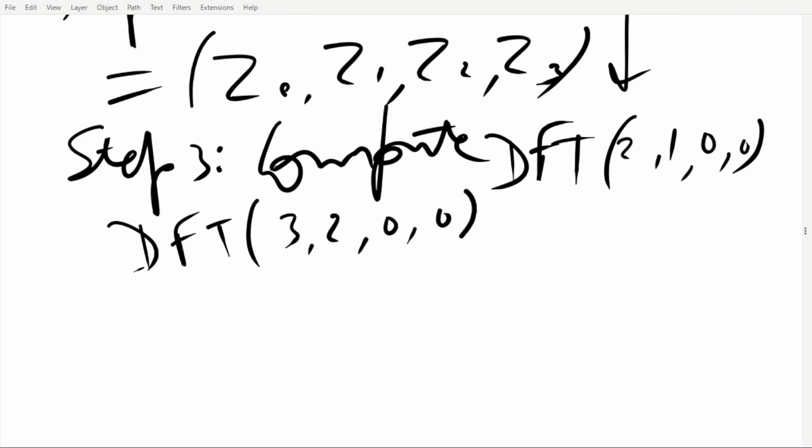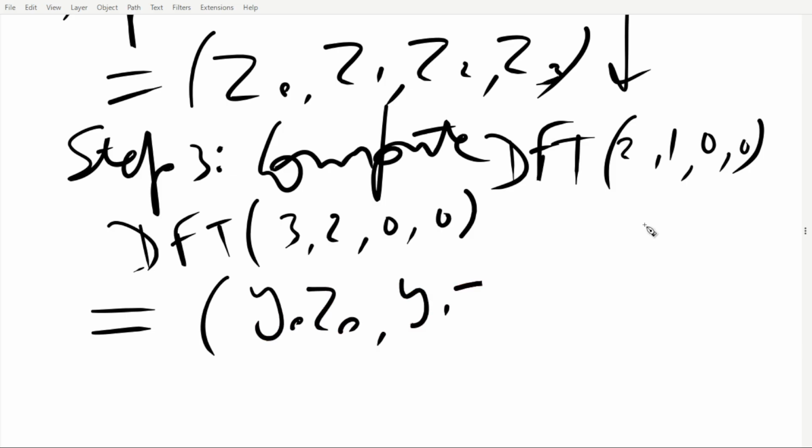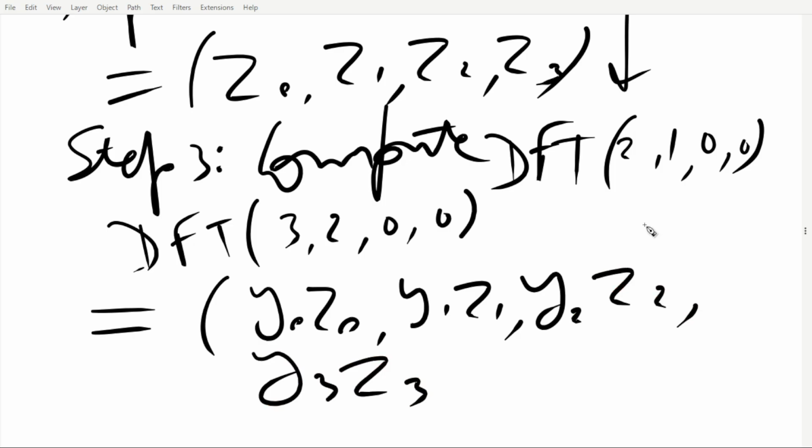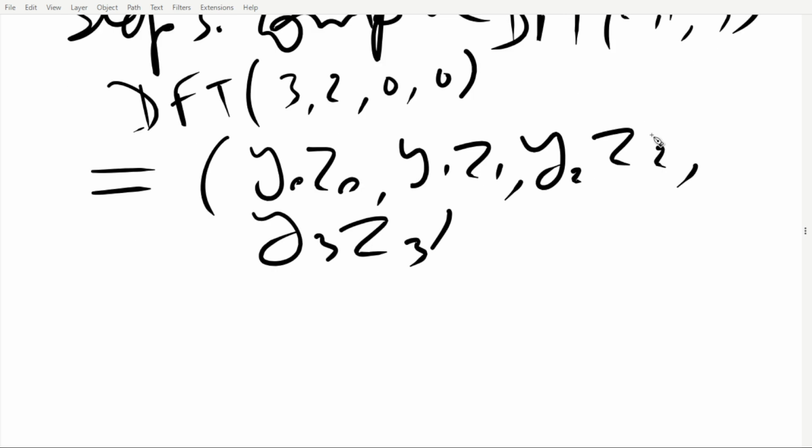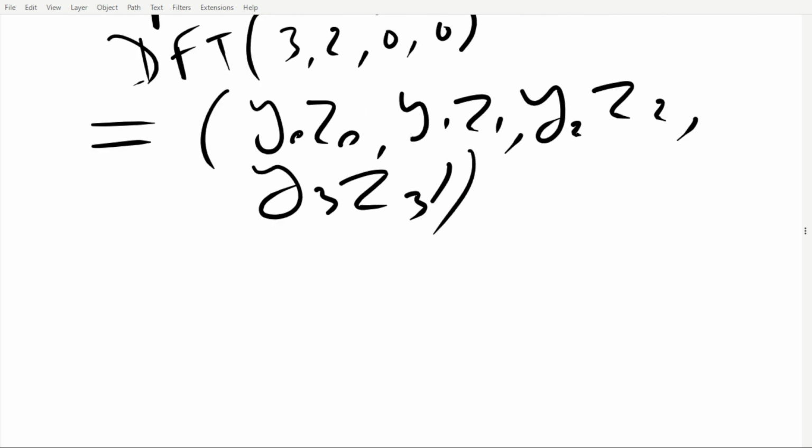This is pointwise multiplication, so it will be y0 z0, y1 z1, y2 z2 and y3 z3. Step 3 requires only big theta of n time.